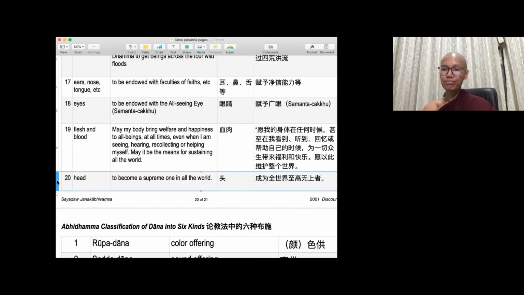So donating superior body parts is to become a supreme one in all the world. In the Bodhisattva's last life, when he was born, he said, Jetthoham asmi lokassa, I am the eldest in the world.